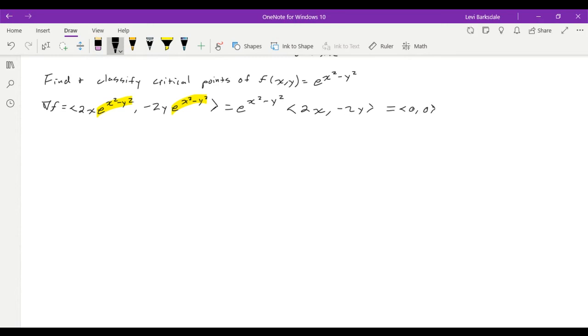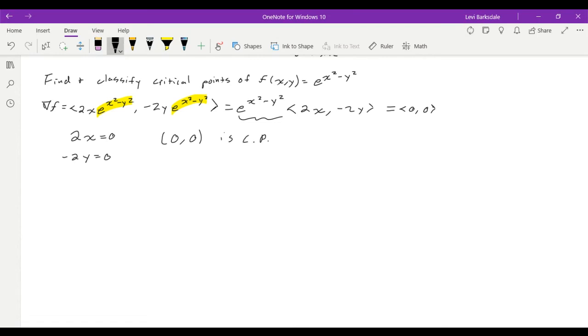Well, clearly, e to any power is always going to be bigger than 0, so we can actually ignore this whole first term. And then we just need to solve the system of equations 2x is equal to 0, and negative 2y is equal to 0. And clearly, this only is satisfied at the point 0, 0. So this would be our only critical point.